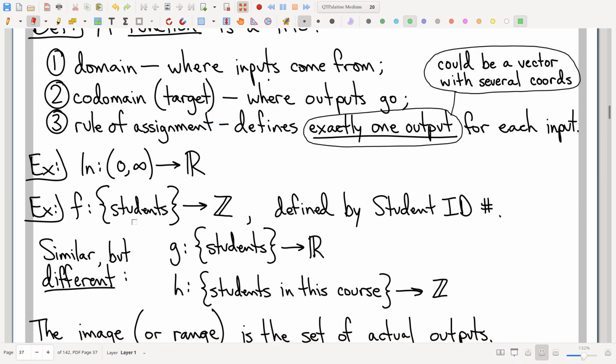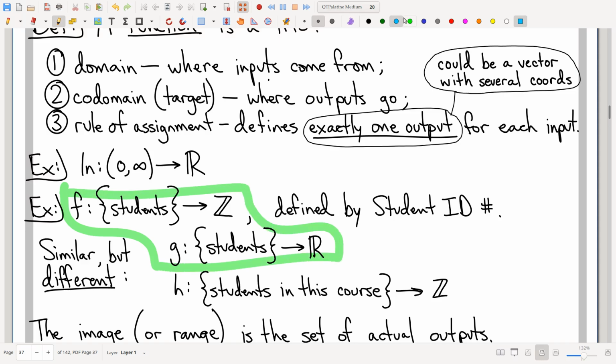So for example, let's talk about what I like to call the student ID function. For any student, there is a corresponding student ID number, right? Like a 7-digit number or something. Okay, so with that understood, let's think about these two functions.